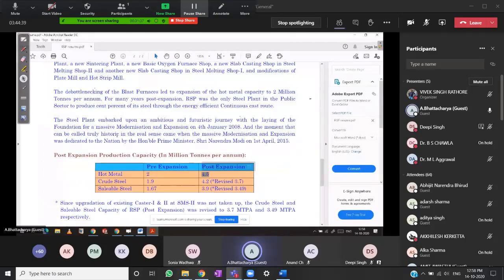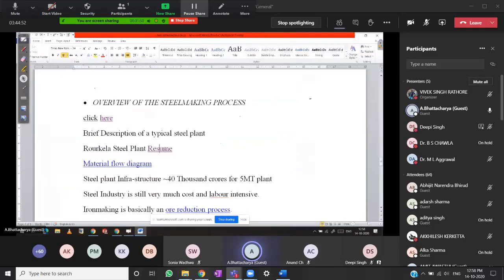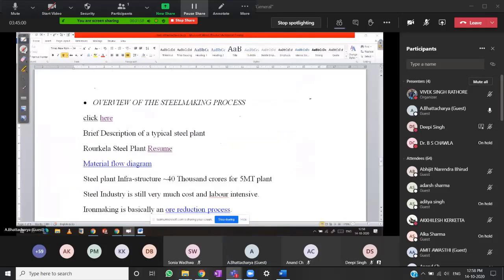Okay. So now this Rourkela steel plant has what is called the product mix. The product mix of Rourkela steel plant, they are basically called flat products.